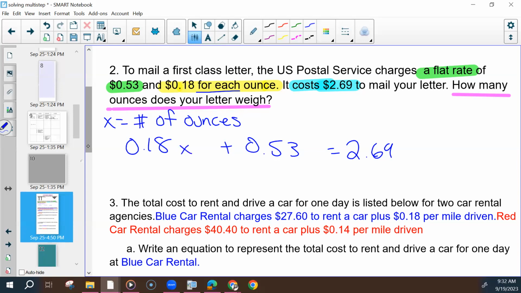So now we have translated this word problem into an equation. Now we can solve it.